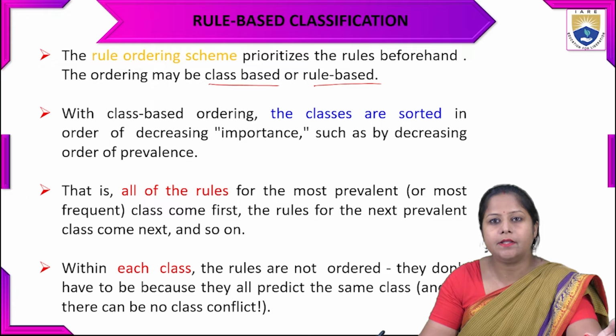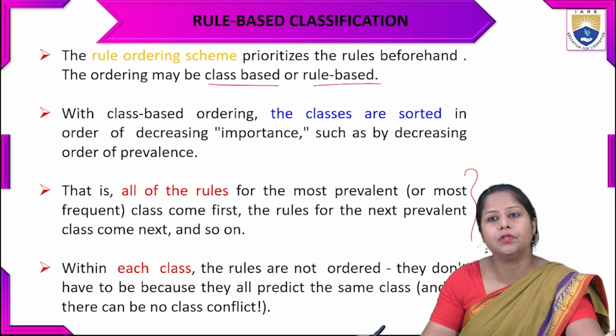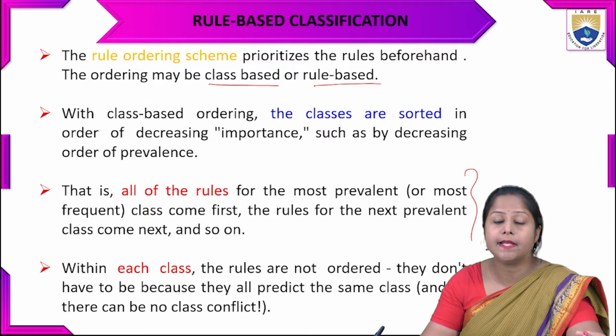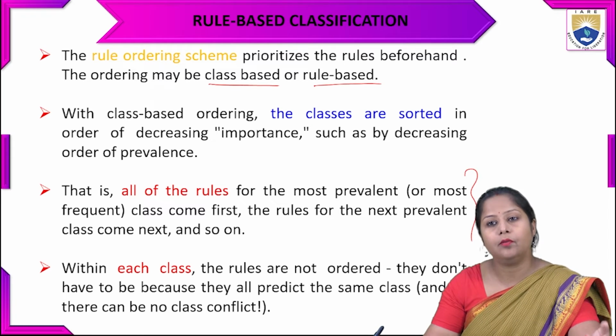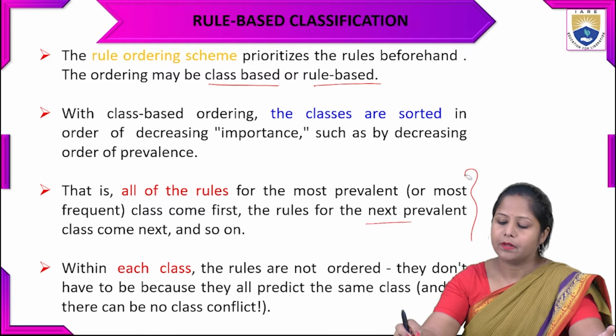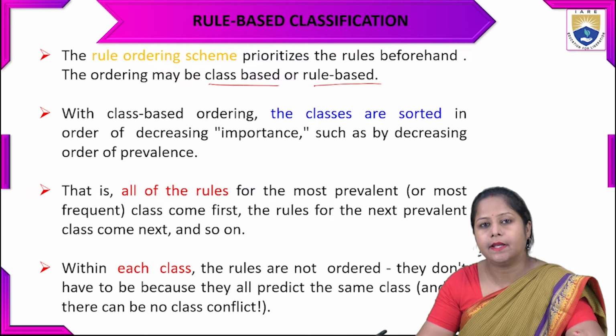All the rules for the most prevalent, that is, the most frequent class come first, then the rules for the next prevalent class, and so on. So the most frequent class is first, then second, then third.